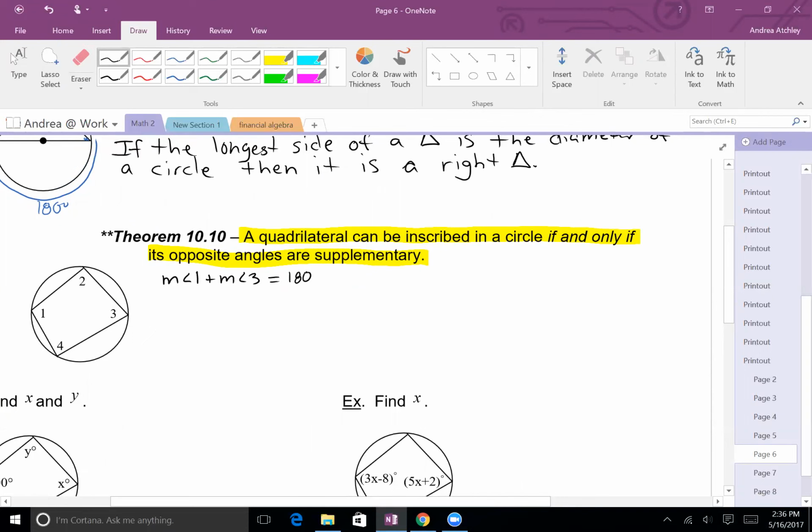The opposite angles are going to add to 180. Someone raise their hand and give me another pair of angles. Okay, those are also opposite angles that equal 180. Any questions?